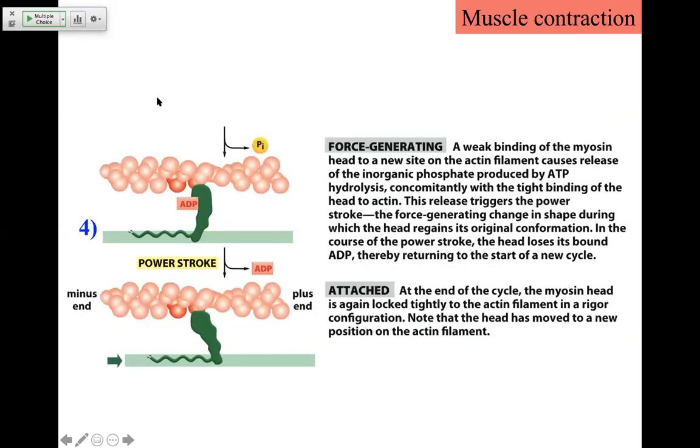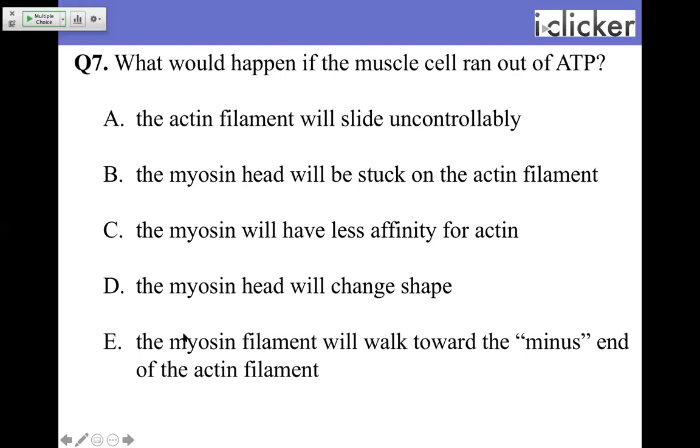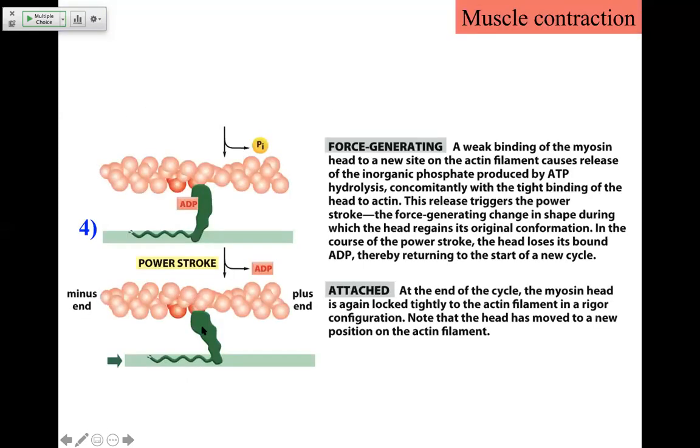Very quickly, the inorganic phosphate is released from the myosin head, which allows the head to bind to the actin subunit, which causes the release of ADP, and the release of ADP causes what we call the power stroke, the change in shape back to the original shape.